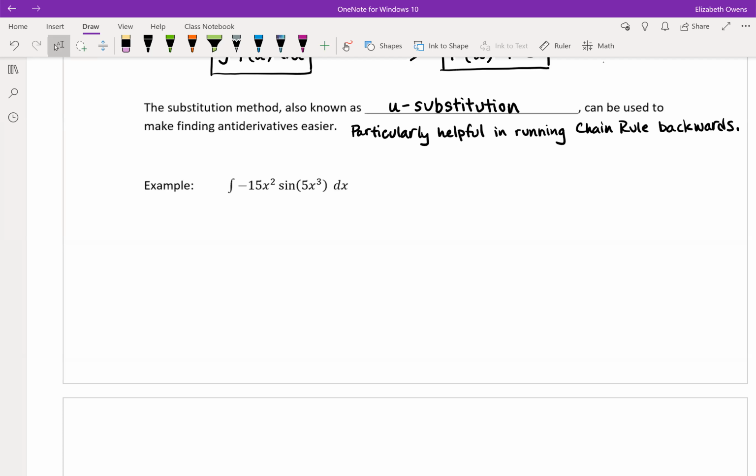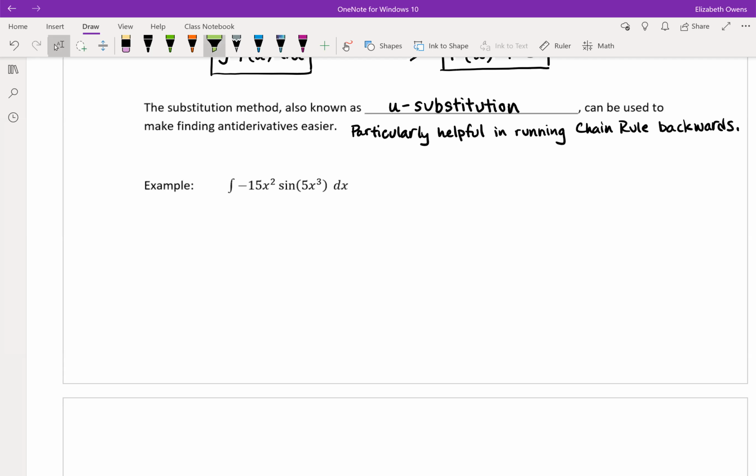All right, so when you get a problem like this, one of the first things you'll look for is to see if there's a pairing of some smaller function and its derivative in your integral.